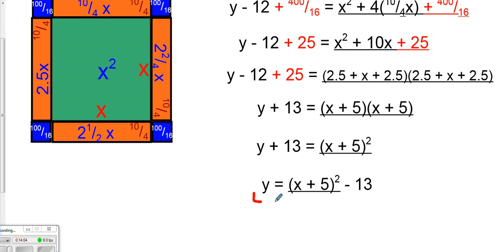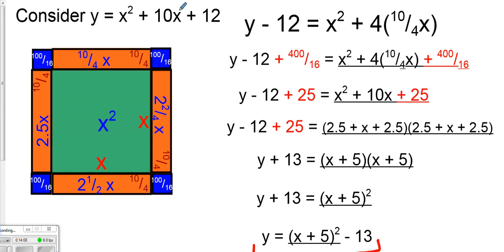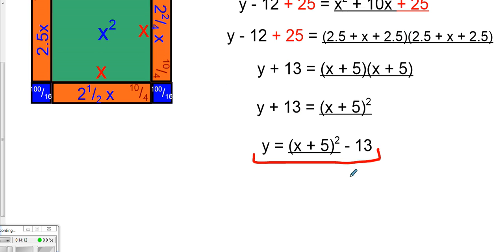So again, here is my final result after completing the square. This standard form means the same as this form. And again, here and here are my vertex. It's the opposite of the one inside and the exact same of the one on the outside. So my vertex is at -5, -13.